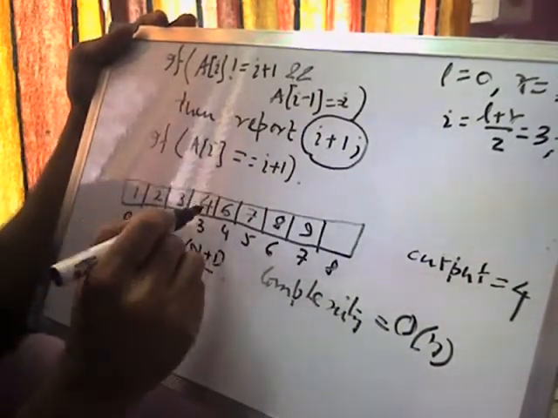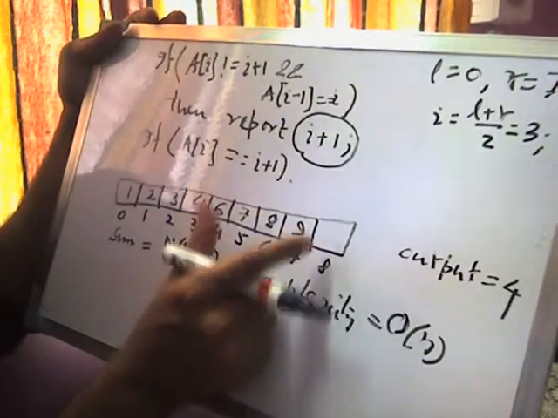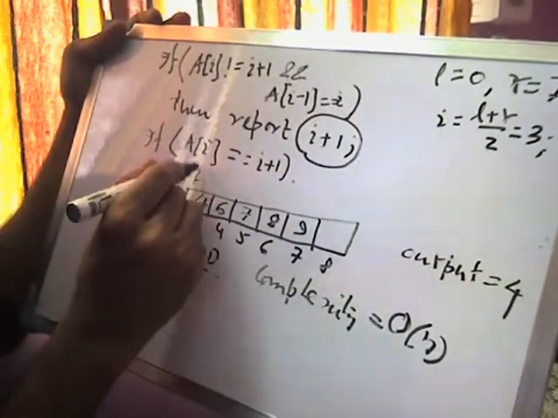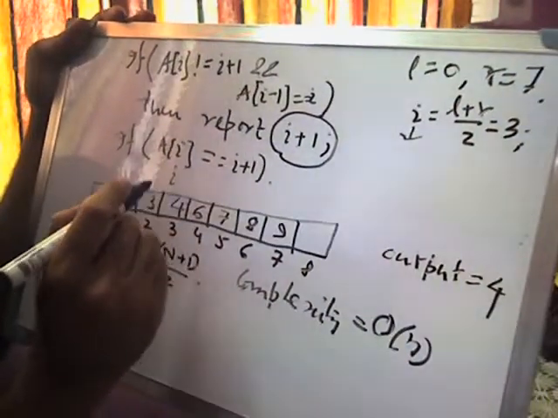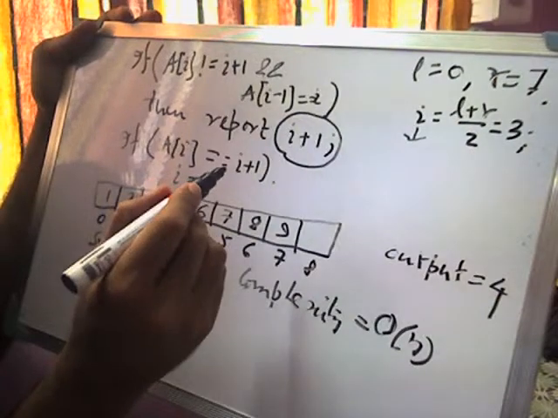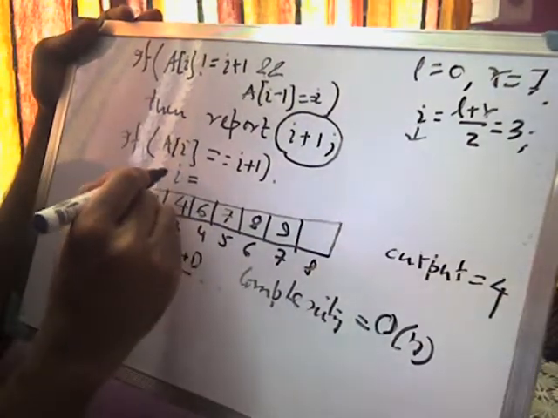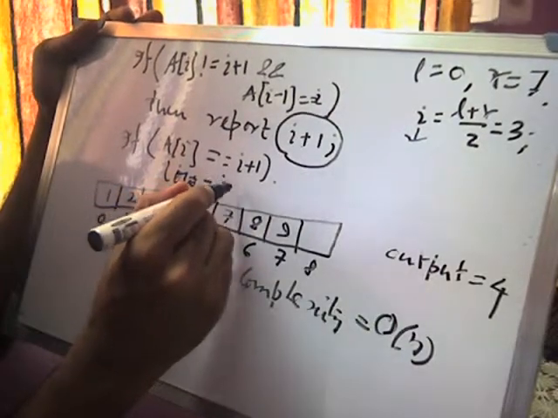That means definitely the missing number will be in the right sub list of the whole list. This I actually stands for the mid value. So low will be updated to I plus 1.